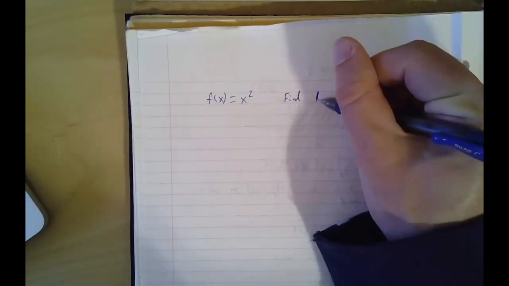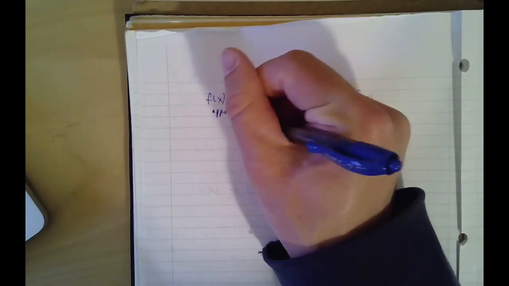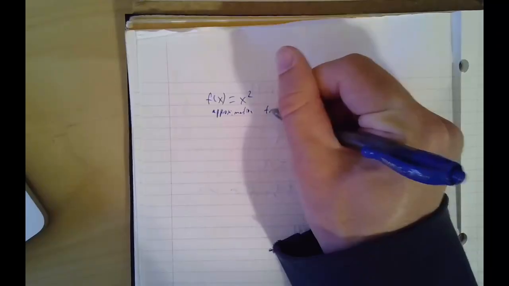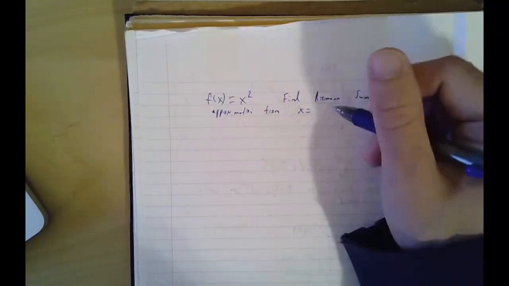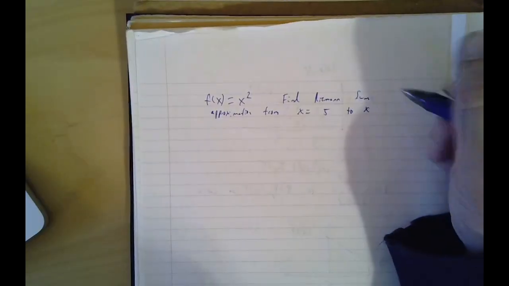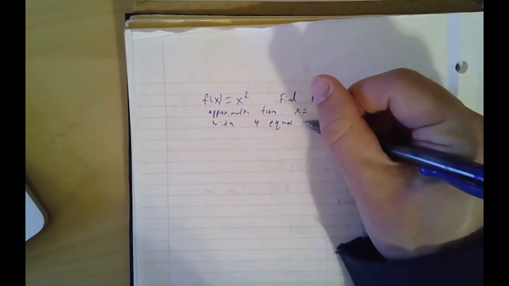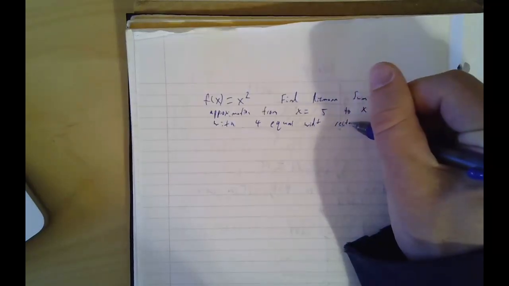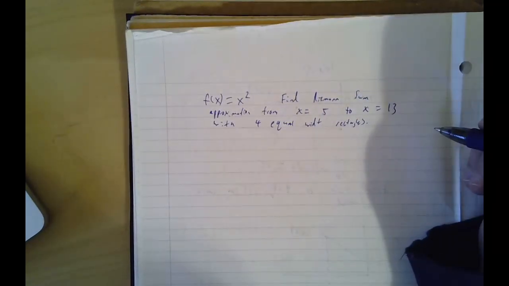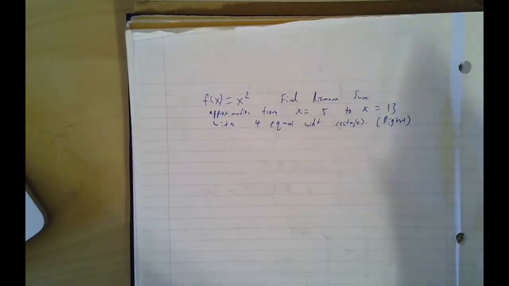Find the Riemann sum approximation from x equals 5 to x equals 13 with 4 equal width rectangles, and I'm going to mark here R for right-handed.